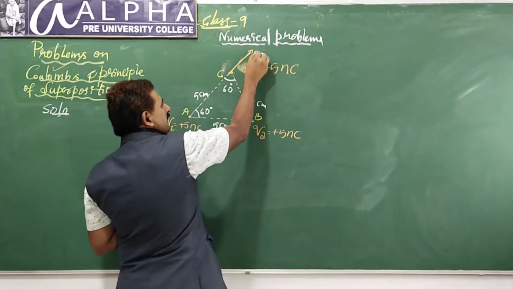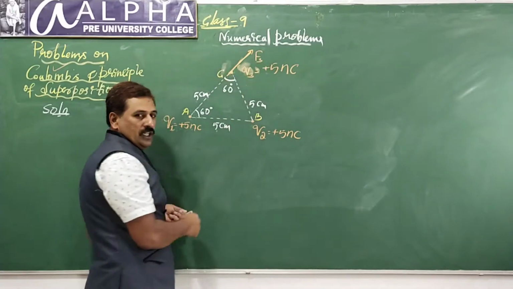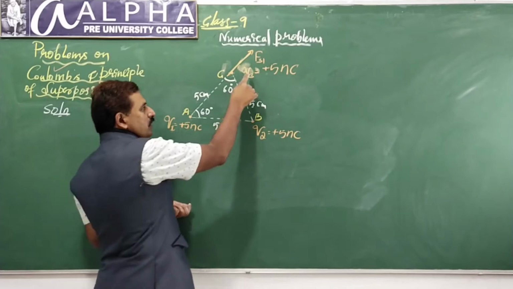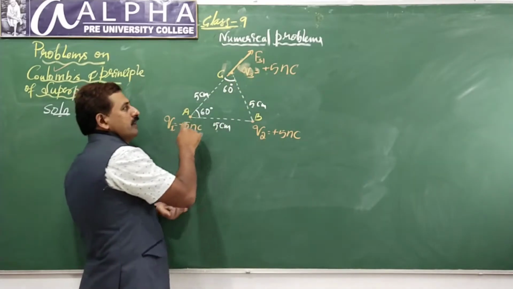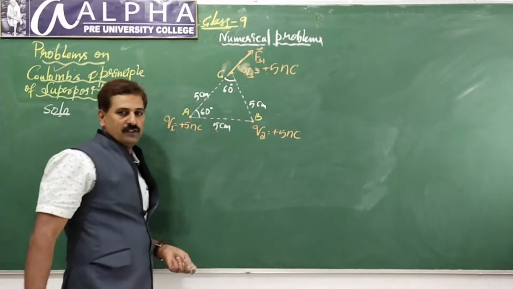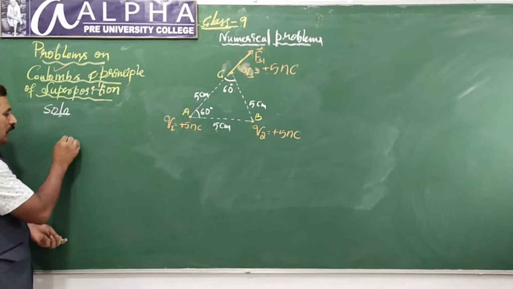How do you represent that force? F. Force on which? 3. From 1. Force on Q3 by Q1. That's why F31. What is the value of the force? How do you find value?